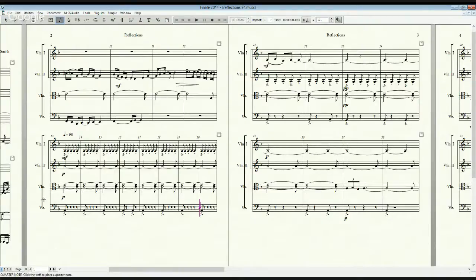Well, I'm hesitant to put a dotted note, although that's what it would be. It's really not confusing to make that a dotted note.